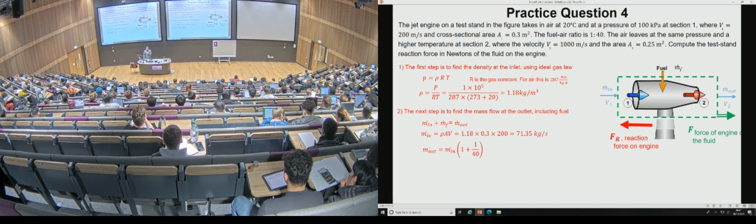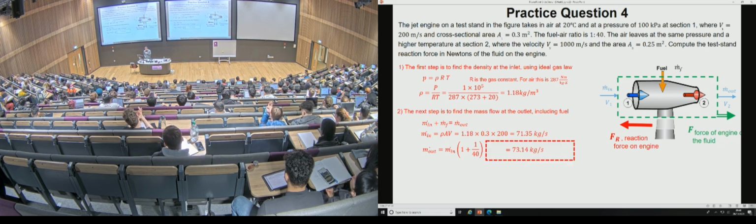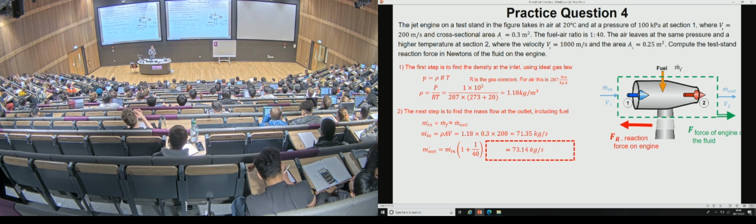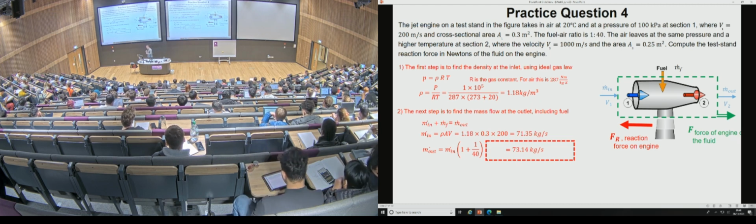And in richer mixes where that number is larger, then it becomes increasingly significant, of course. So, if you know what the mass flow rate in is, you can work out what the combined mass flow rate out is by adding 1/40th to the inflowing mass flow.